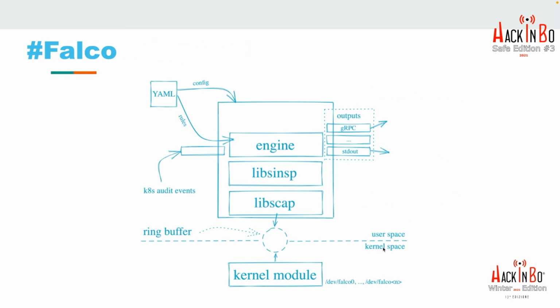So we talked already quite a lot about Falco, but let's try to deep dive into how it works. As we said before, it all starts with syscalls in the kernel module, and since all the programs running on the host or in containers generate syscalls, we can use Falco to bring the syscalls from the kernel space to the user space.